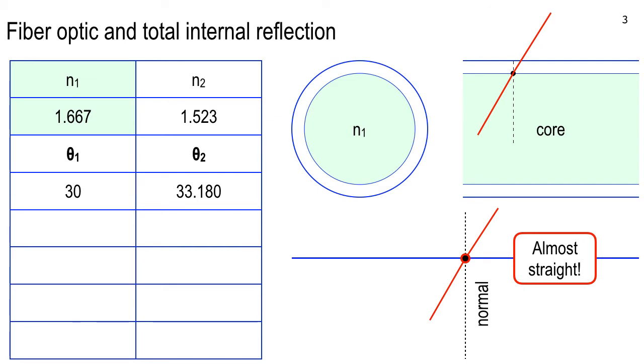And here are the specs for the core of the fiber optic cable in this example, and this is the example from the textbook, by the way. The index of refraction is 1.667. That's for a specific kind of glass. For a different kind of glass, the index of refraction is 1.523.